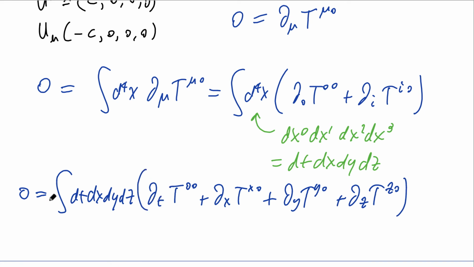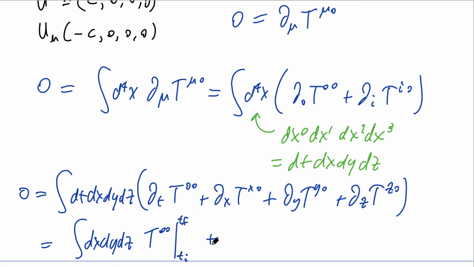And now we can carry out the integral over t since this is a total derivative with respect to t. This is just the integral dx dy dz of T^{00} evaluated at the initial t and the final t. Let's call that t_i and t_f for initial and final.